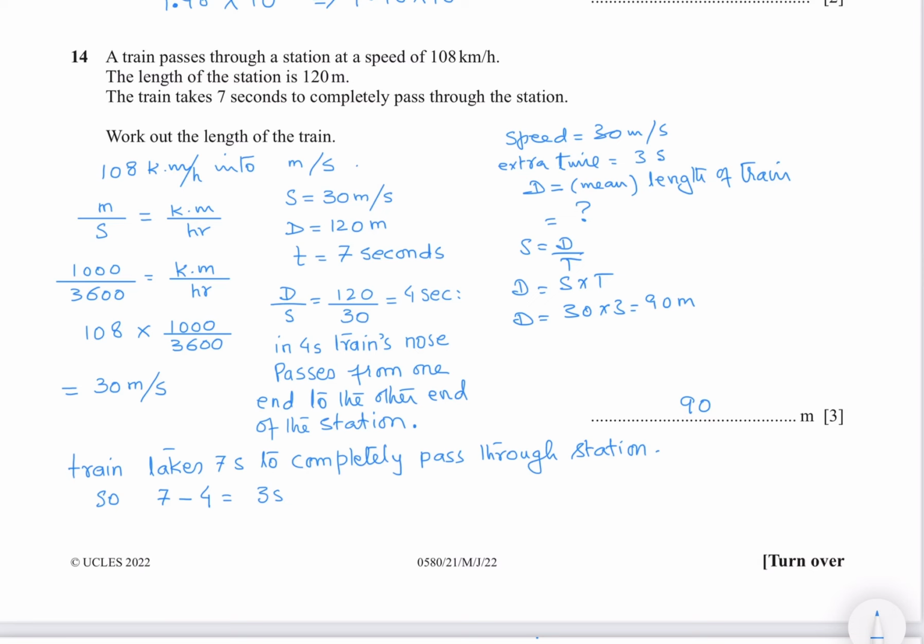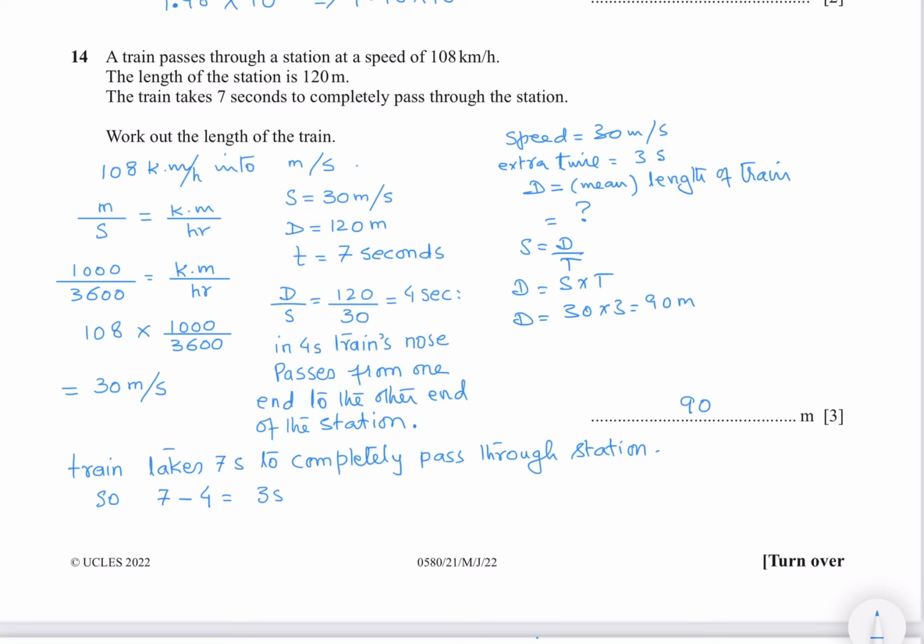Question 14. A train passes through a station at a speed of 108 km per hour. The length of the station is 120 meters. The train takes 7 seconds to completely pass through the station. Work out the length of the train. First of all, convert kilometers per hour into meters per second. There are 1000 meters in a kilometer, so write down 1000.